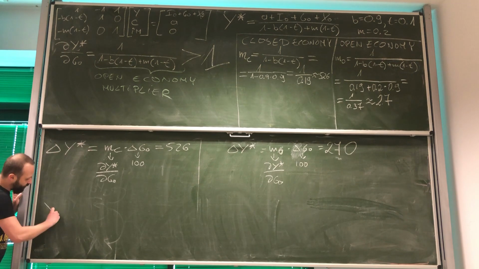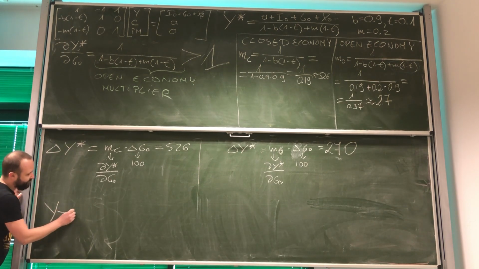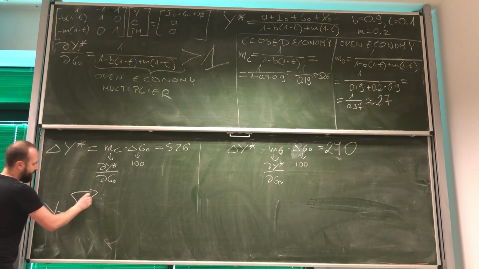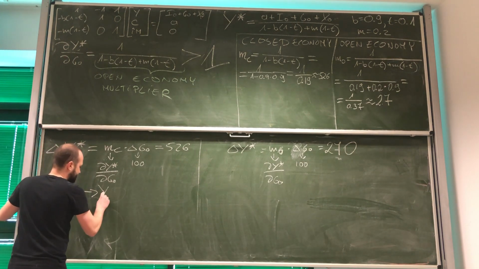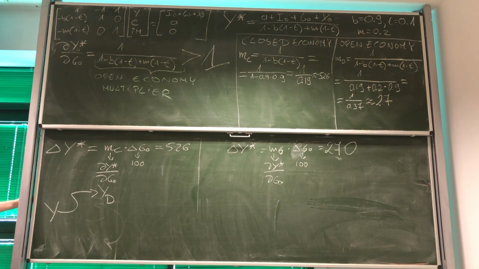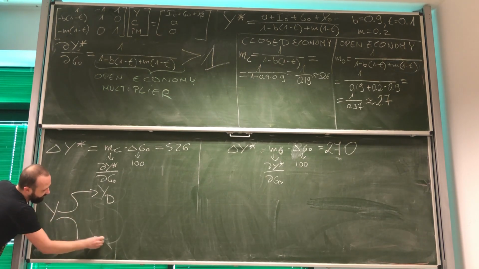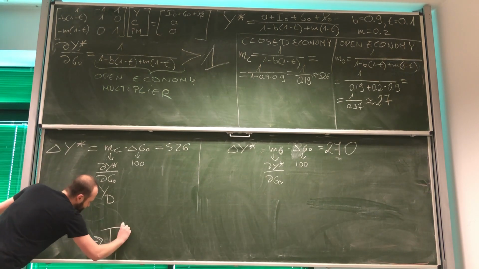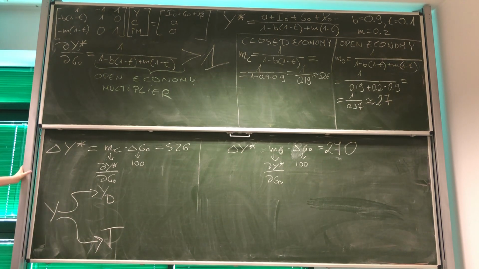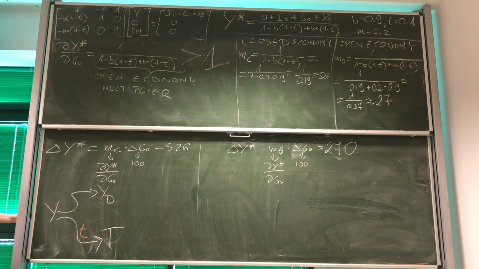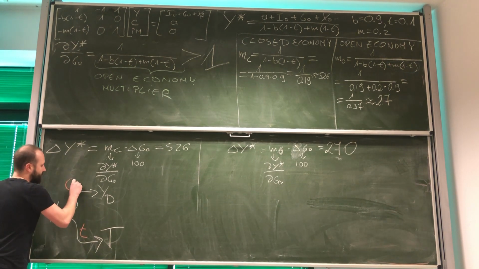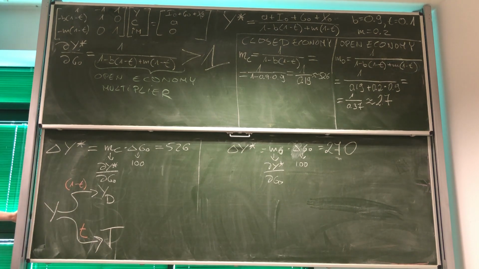Why? Because look, when we have income, part of this income goes to the customers in the form of disposable income, and part of it goes to the government in the form of tax revenues. How much goes to the government? T. Right? How much goes to the households? 1 minus T. Right?